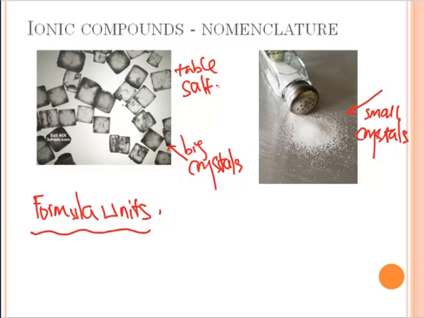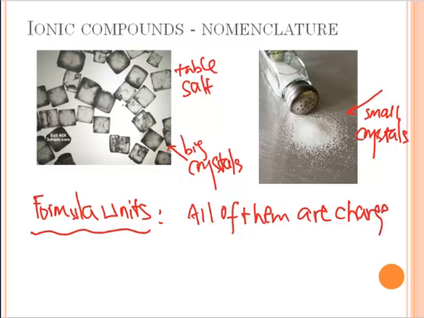So then the very important conclusion: all of them are charge neutral. Meaning the positive charge brought in by the cation has to be cancelled out by the negative charge brought on by the anions.